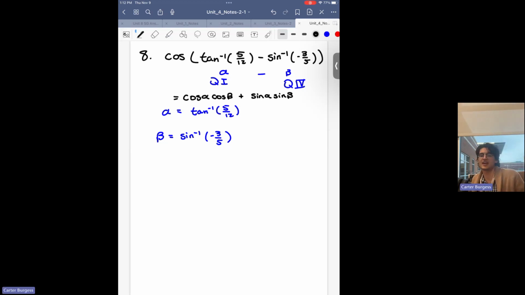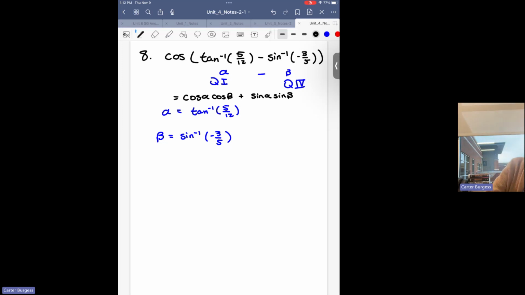And I could have written this as cosine of tan inverse of 5/12 times cosine of sine inverse of -3/5. But again, that gets very, very overwhelming. I am trying to compartmentalize my information. I've set aside this whole notion of what alpha is, what beta is, and we're going to deal with those now in order to actually get something from that.